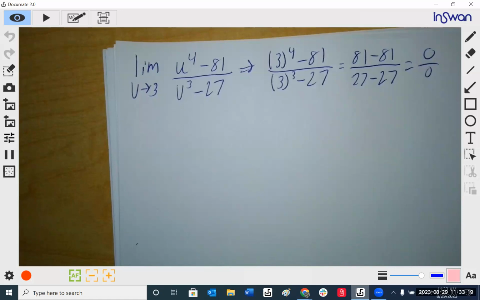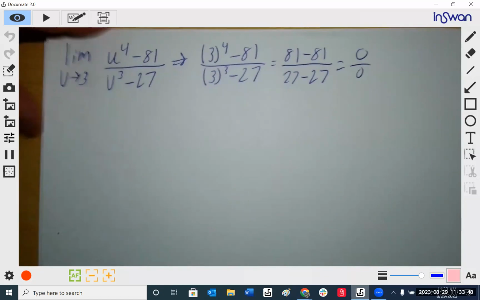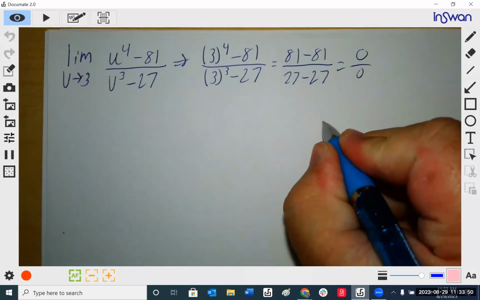Remember those formulas? These are the formulas I have to give you on those sheets. Okay, here.